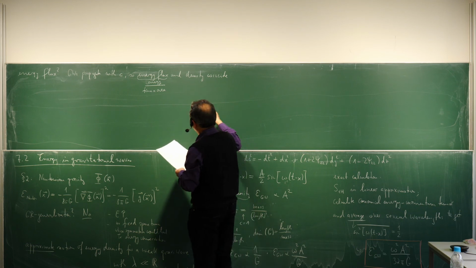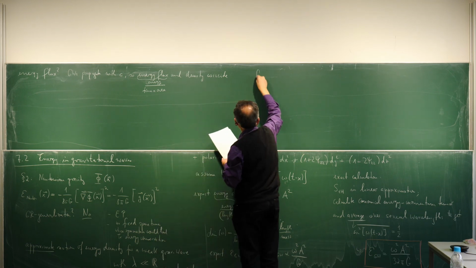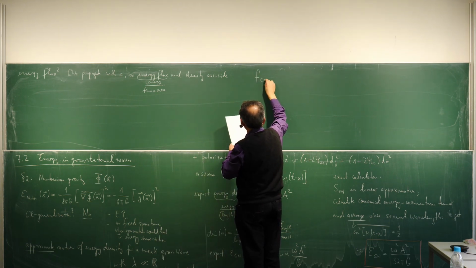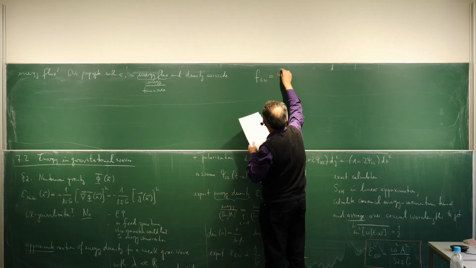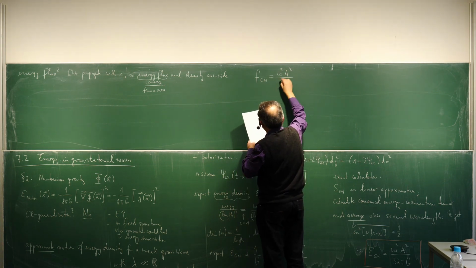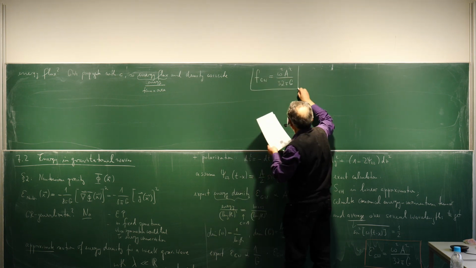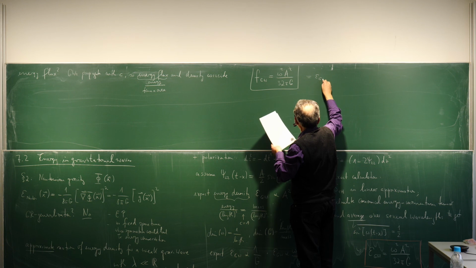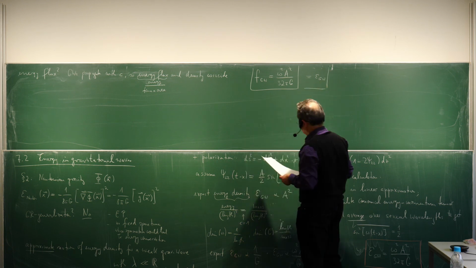So if we call the flux F gravitational wave, then you also have the expression omega squared a squared over 32 pi G, the same expression as the energy density.